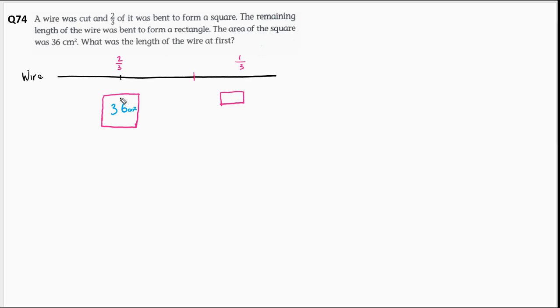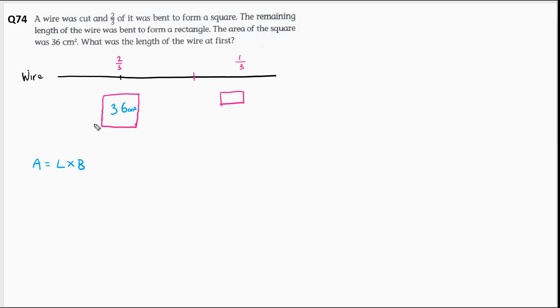So if the area of this square is 36 centimeters squared, well, area is length times breadth. And the area of a square, well, the length and the breadth are the same, because what we know about a square is that all the sides are the same.